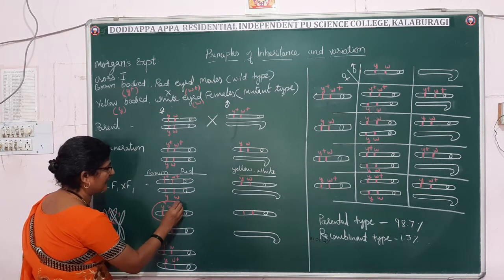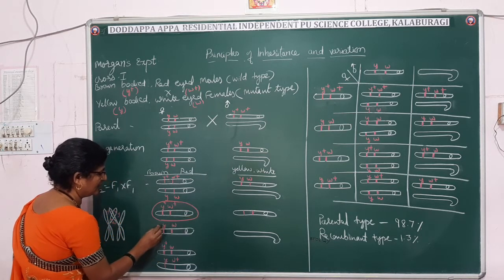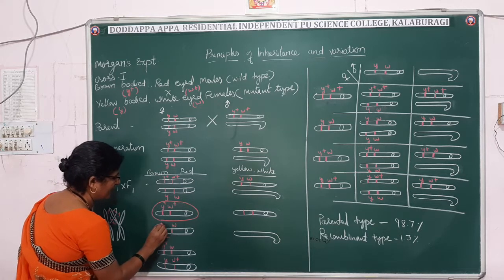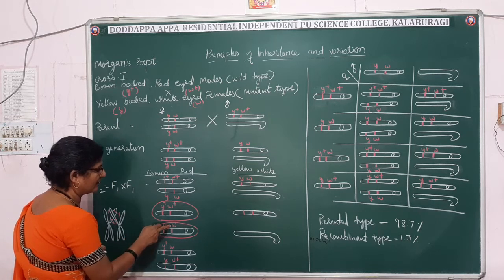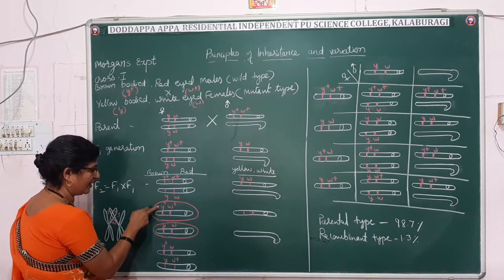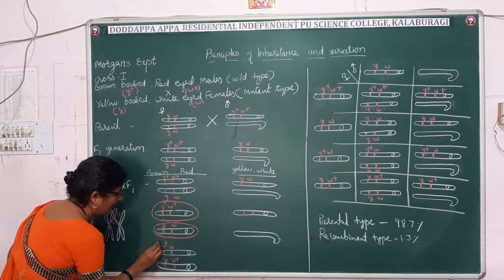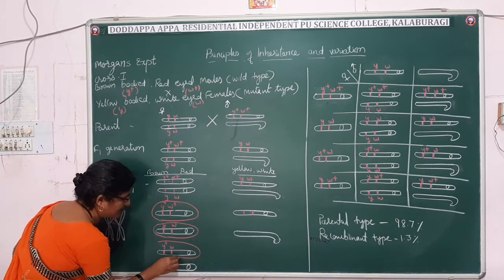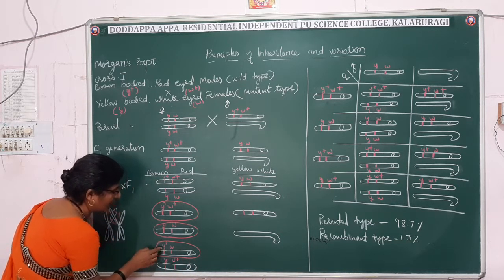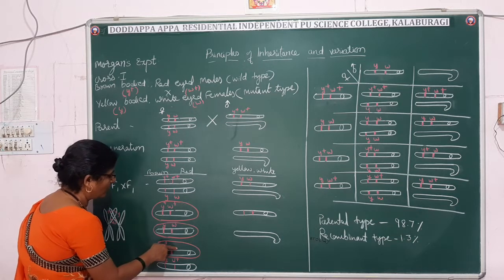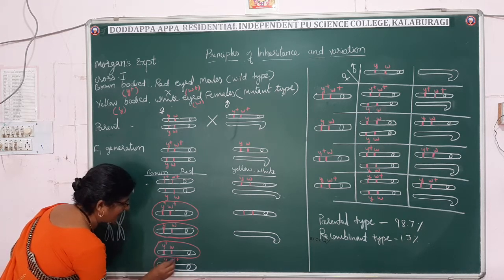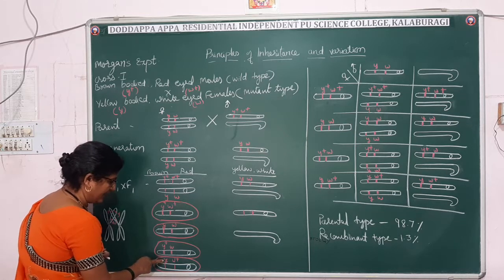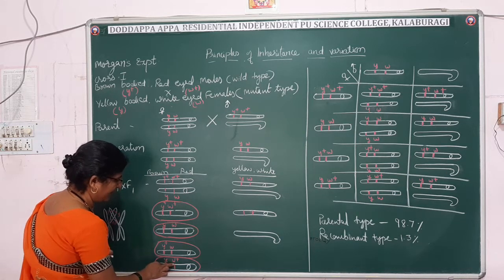25% of the gametes were having Y plus W plus, and another 25% were having Y and W, that is yellow body color and white eyes. Brown body color with red eyes, another 25% were having brown body with white eye, and the other 25% were having yellow body with red eye.